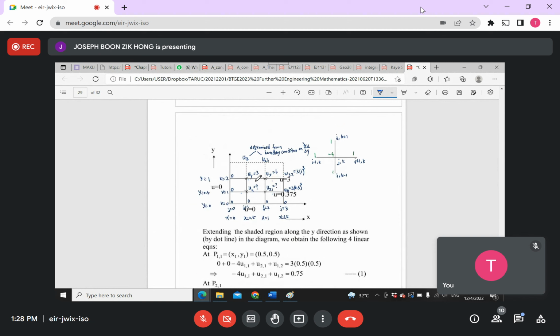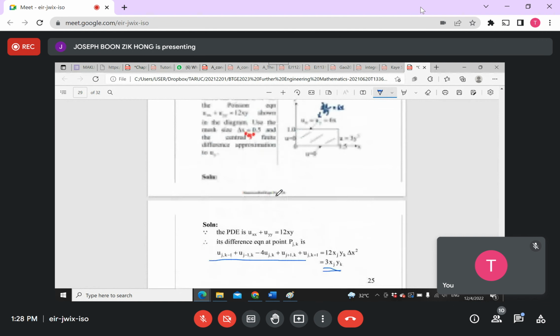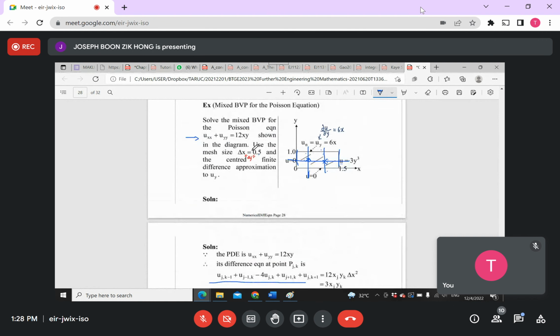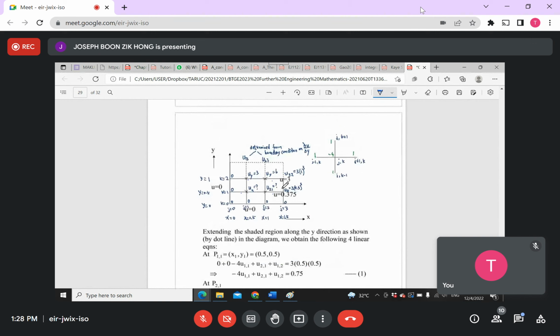Yeah, correct. This one got a bit mistake, because the del x is 0.5. So that means del y also will be 0.5. So that means only 2 lines. But they do until 3 lines. So it's 1.5 already.